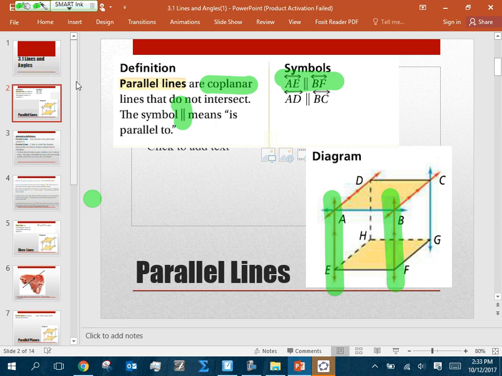You can read it both ways, flip it around, and still get the same result. That's something we like to do in all types of mathematics: ask whether a relationship has symmetry. Can you look at it from both aspects, AE compared to BF and BF compared to AE, and still arrive at the same result? In parallelism, you can do that.